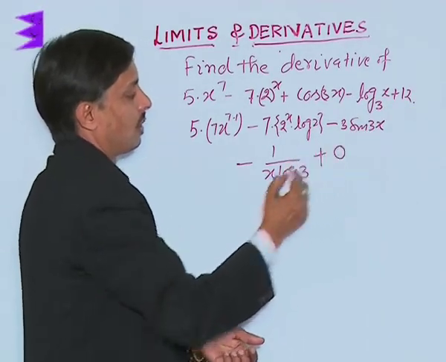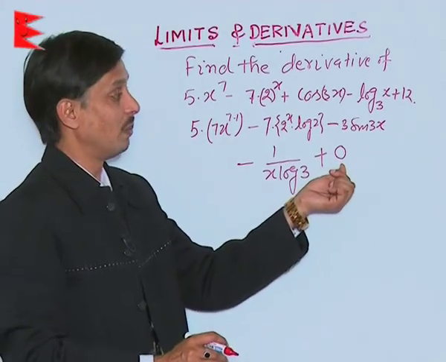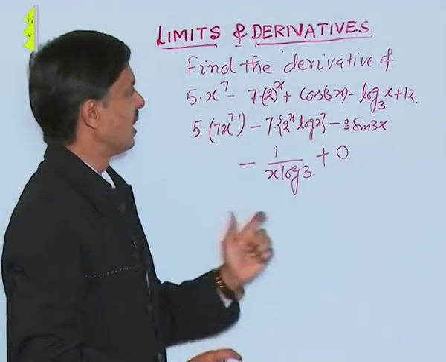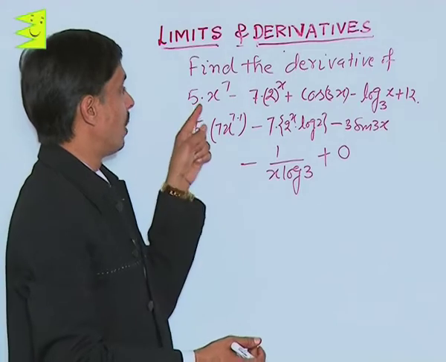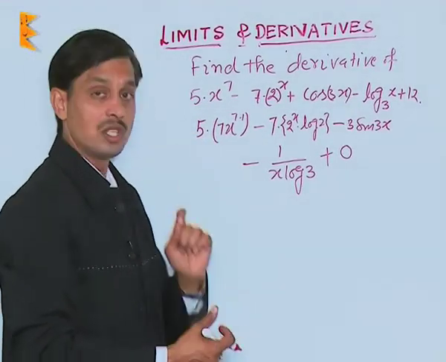Plus 12 is a constant number, taken individually, so its derivative will be 0, whereas the derivative of 5, 7 and other values is not 0 because they are multiplied with some specific result which is not a constant.